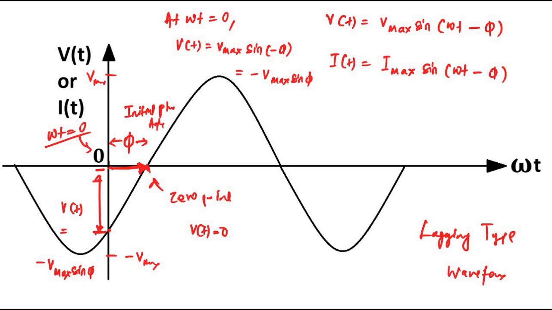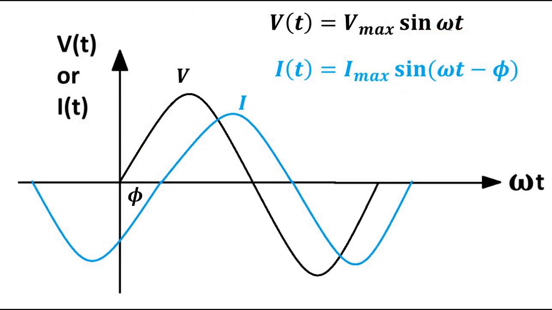Then let us say we have two waveforms which have the same angular frequency, or the same frequency, because omega is equal to 2 pi f. Omega being equal means f is also equal. Let's say Vt is equal to Vmax sin omega t, and It is equal to Imax sin omega t minus phi. They have the same frequency, but different phase angles.